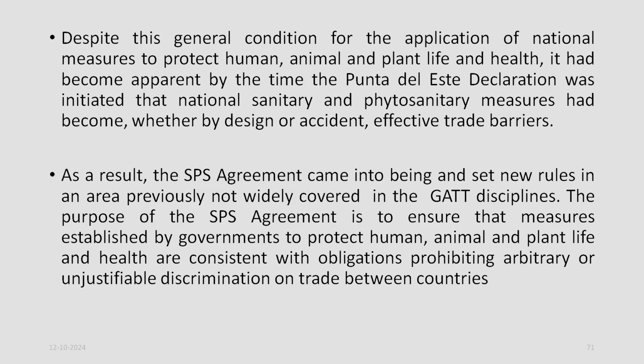As a result, the sanitary and phytosanitary agreement came into being and set new rules in an area previously not widely covered in the GATT discipline. So that is where we find the advantages of this agreement being included in the WTO framework, which was not existing earlier.